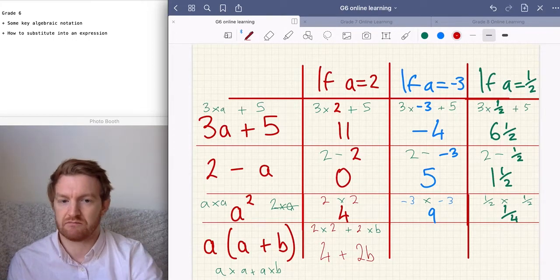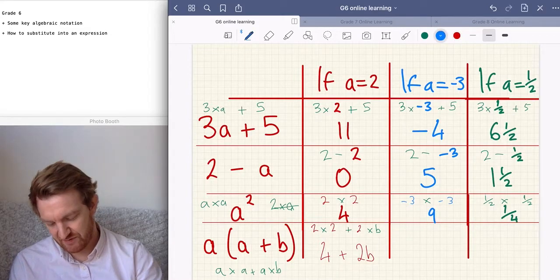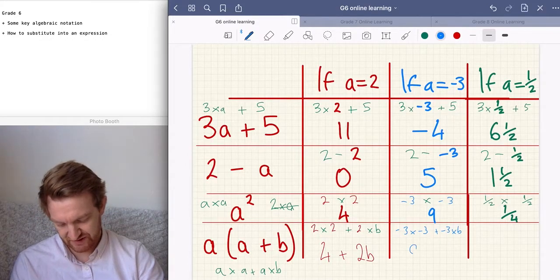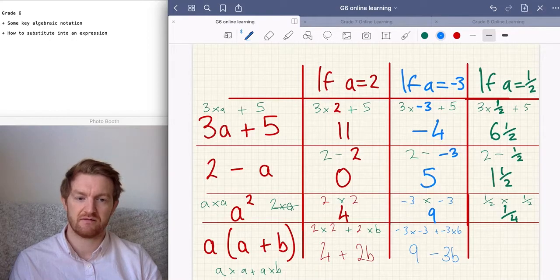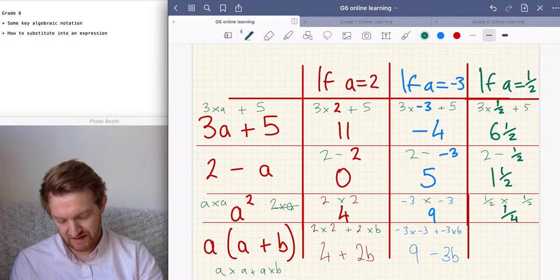And that's okay. Similarly here, we can say it's negative 3 times negative 3 plus negative 3 times b. Negative 3 times negative 3 is positive 9. We've got negative 3 times b, negative 3b. Finally, we've got a half times a half plus a half times b.